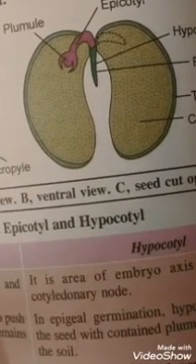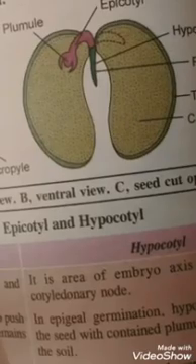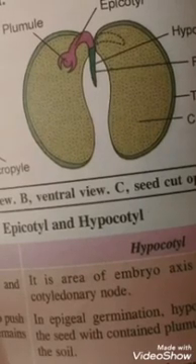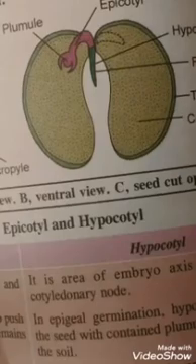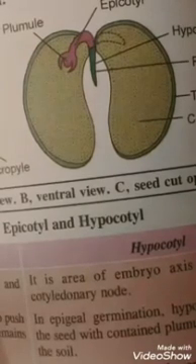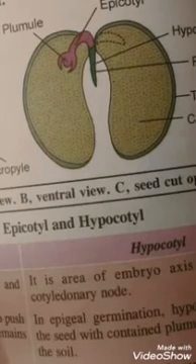The seed may be albuminous or endospermic, as in case of castor, coconut, rice, wheat, etc., or non-albuminous or non-endospermic, as in pea, bean, mustard, etc.